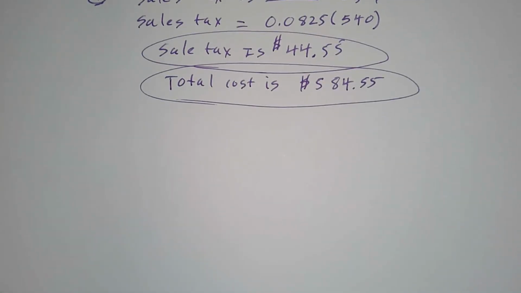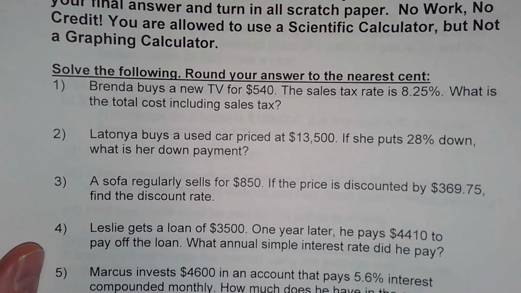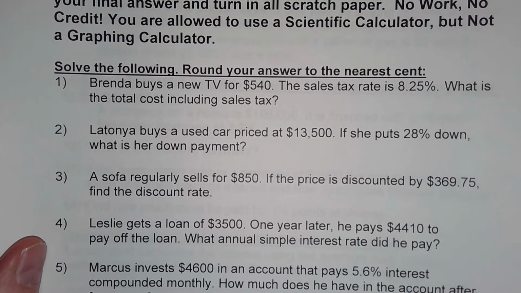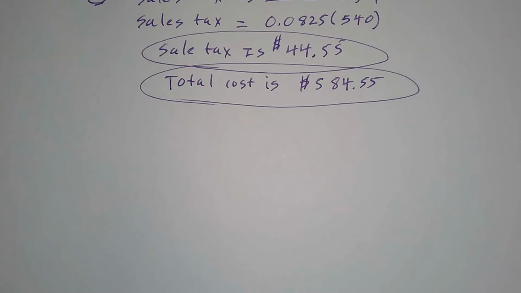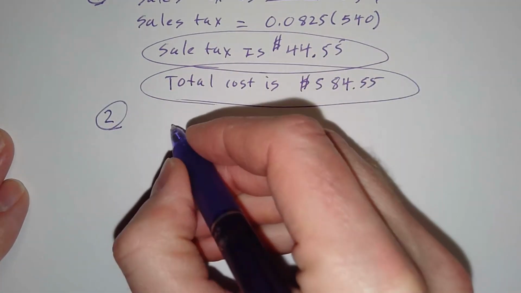Now let's take a look at problem number 2. LaTanya buys a used car priced at $13,500. If she puts 28% down, what's her down payment? So she's putting 28% down.